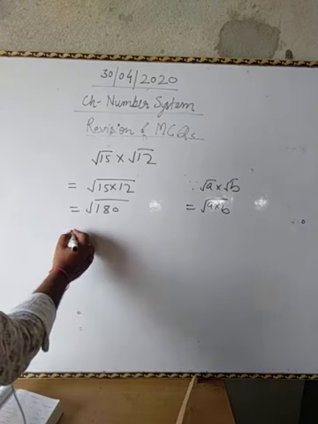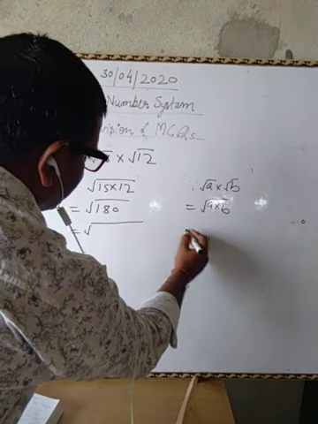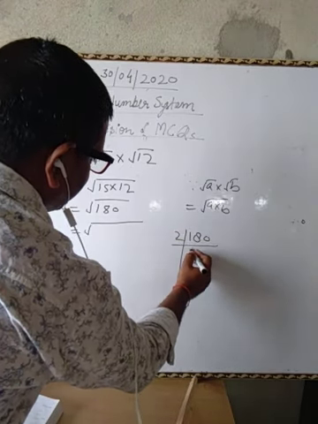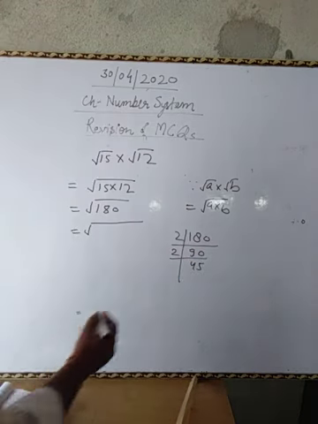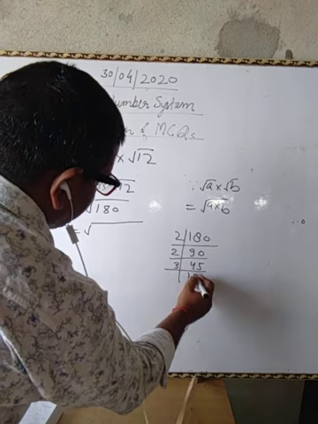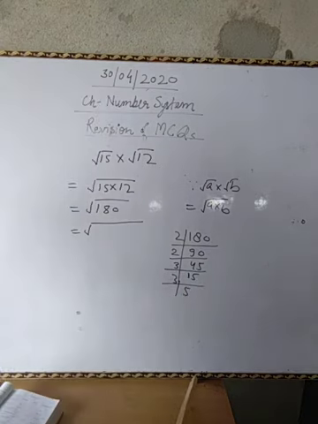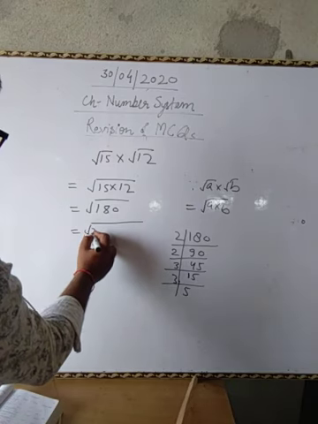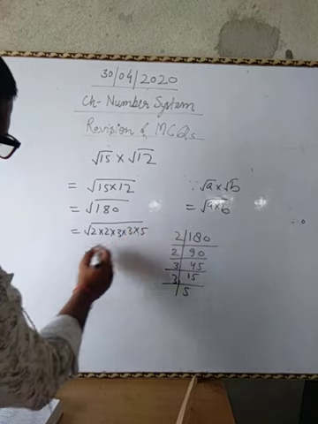Now write the prime factors of 180. So 180, 2, 90, 2, 45 and 3, 15 and again 3, 5. So you may write this as 2 into 2 into 3 into 3 into 5.